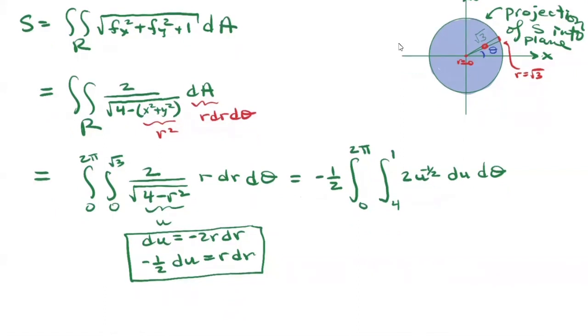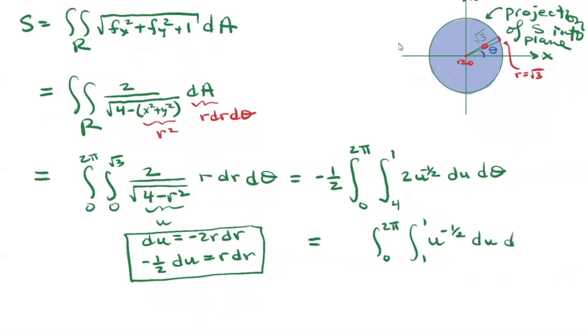So I might square that up and say, that's 1/2 integral from 0 to 2 pi, integral from 1 to 4 of 2, probably just get rid of the 2 and the 1/2. So you'll just have u to the negative 1/2, and then the du d theta.